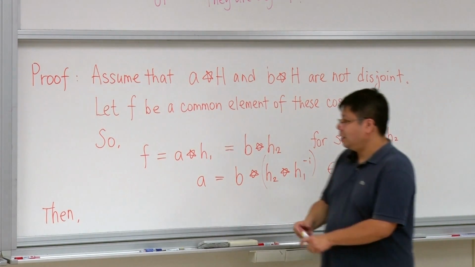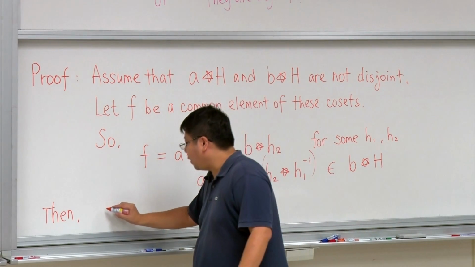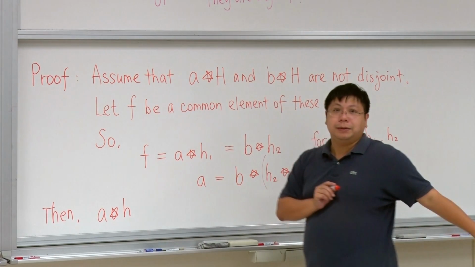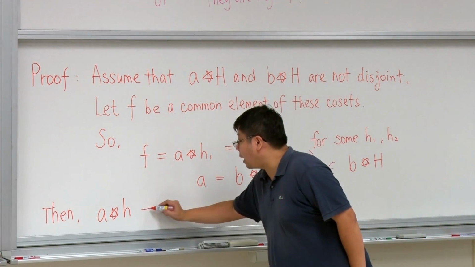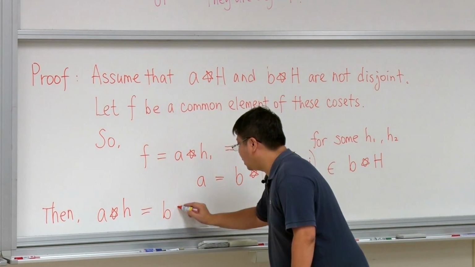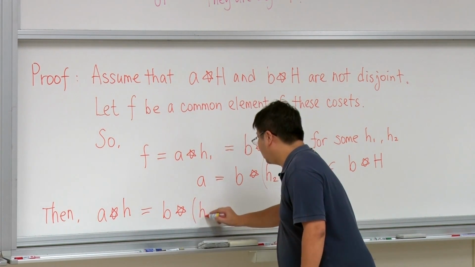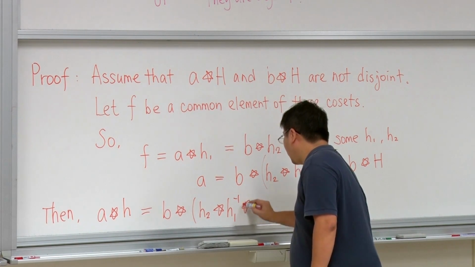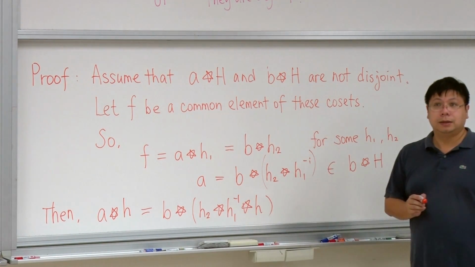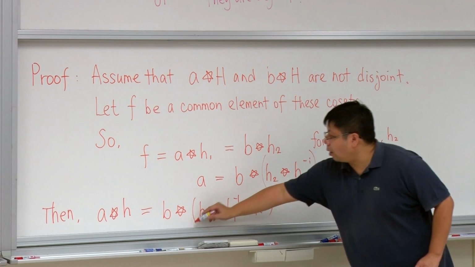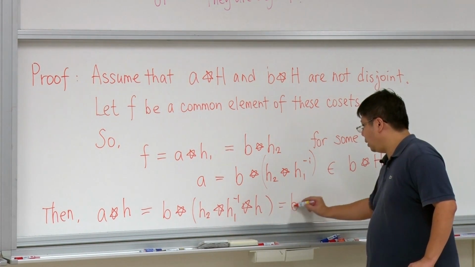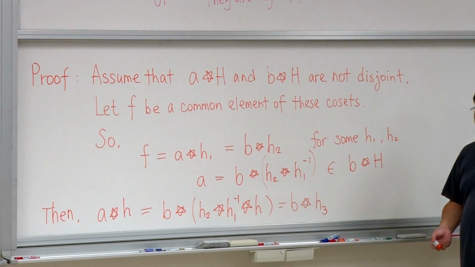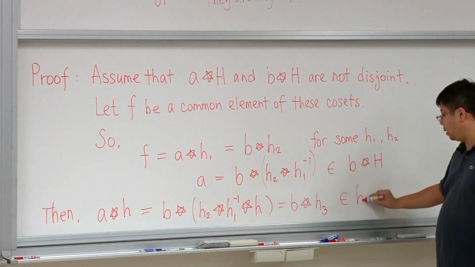Everything in the coset of A star H, so let's call it A star H, would then be equal to B star H2 star H1 inverse star H. Is that okay? And then this whole thing is equal to B star some H3 or H4, whatever.